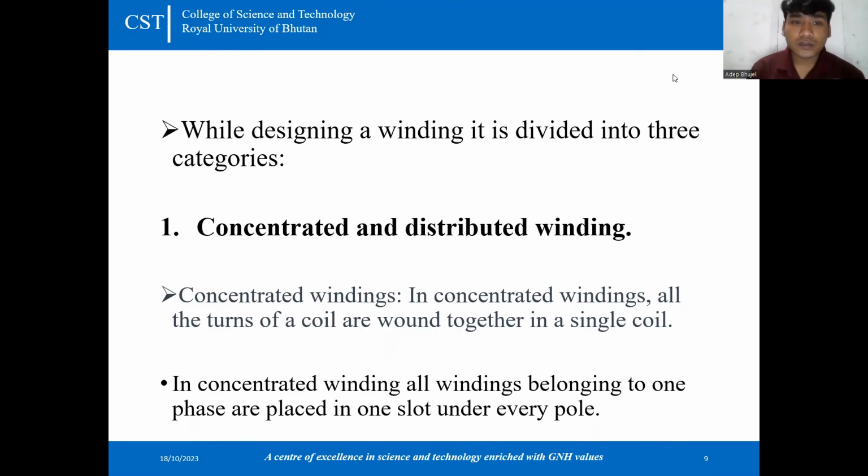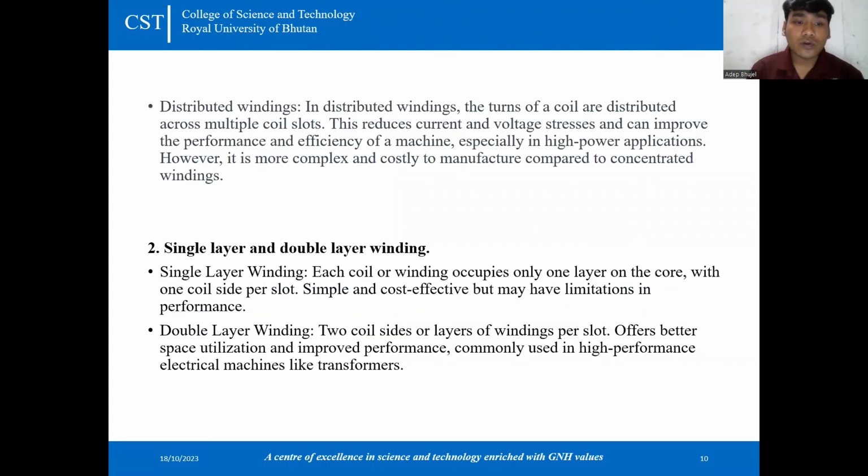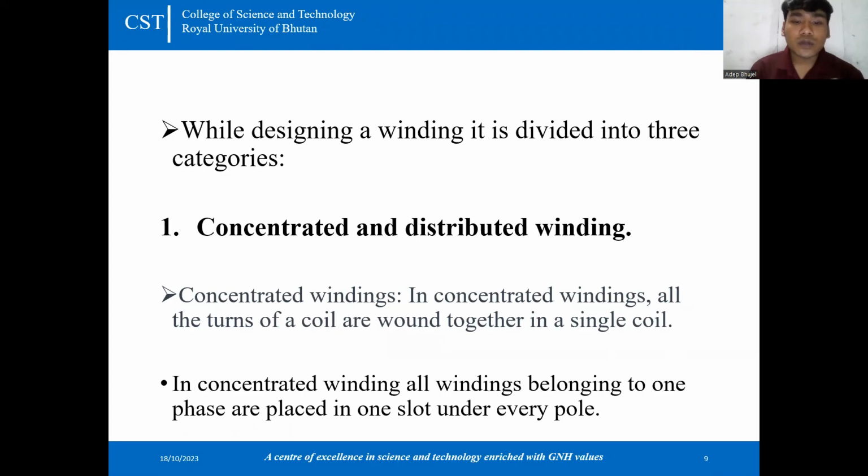Next we have types of winding, which are concentrated and distributed winding. In concentrated winding, all the turns of the coil are wound together in a single coil. Moreover, in concentrated winding, all windings belonging to one phase are placed in one slot under every pole.